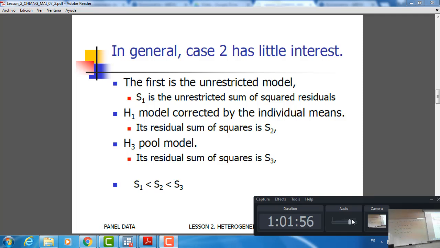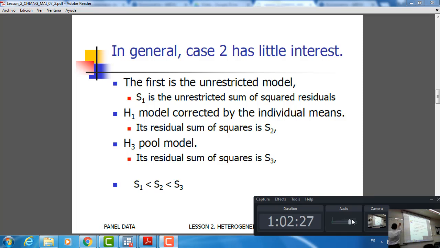So you see that the nesting relationship is not that straightforward. You have to actually read it and decide for yourself which model is nested. The idea is that there are simple restrictions that convert the upper model into the second, the second into the third, and the first into the fourth. Those relationships are entailed by a null hypothesis.